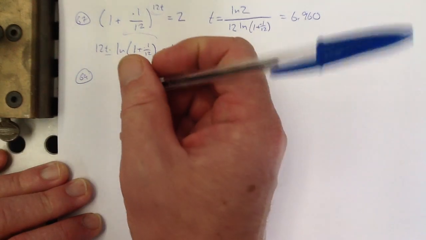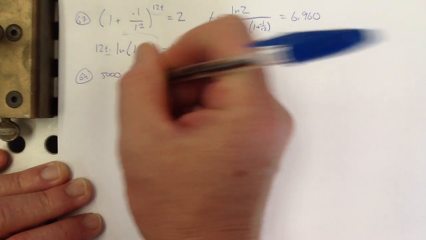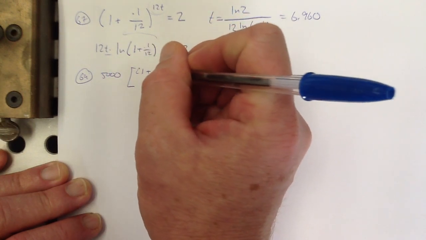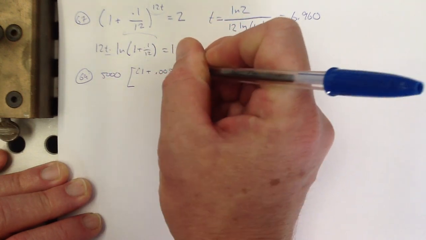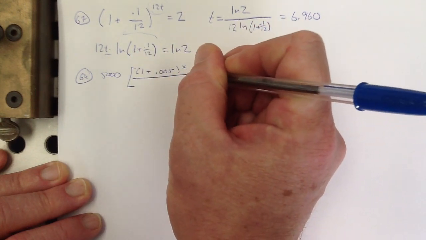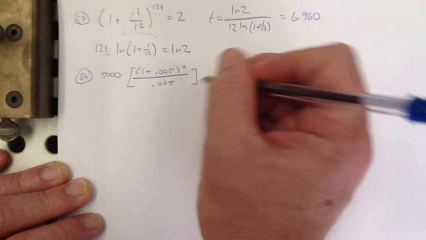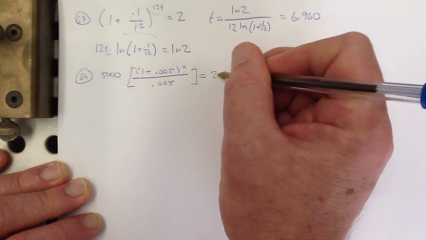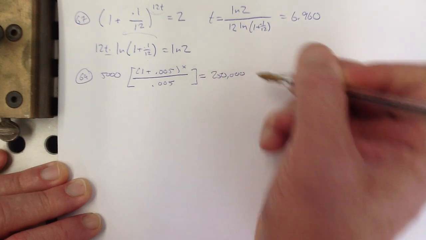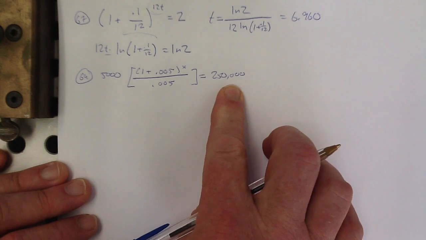Number 69. 5,000 times 1 plus 0.005 to the x all over 0.005 is equal to 250,000. Okay, so there's some algebra here I can do first.